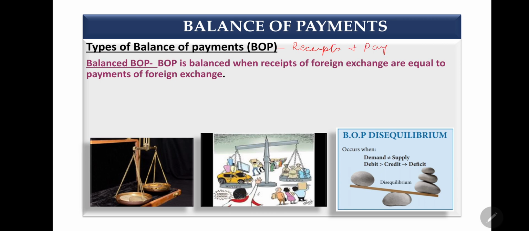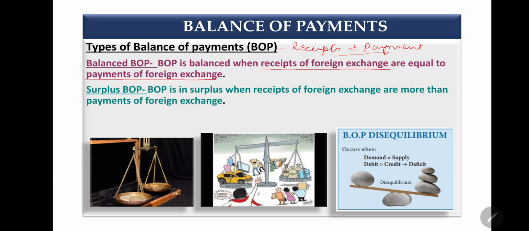These are the two terms which we are going to use in order to explain balanced BOP, surplus in BOP or deficit in BOP. So when do we say that balance of payment is balanced? When receipts of foreign exchange are equal to the payments of foreign exchange, it is said to be balanced balance of payment.